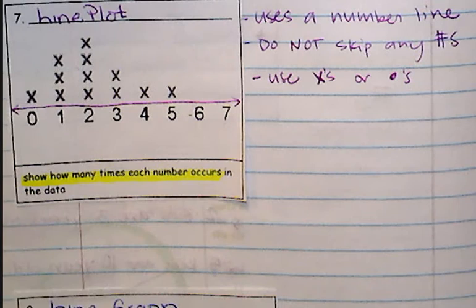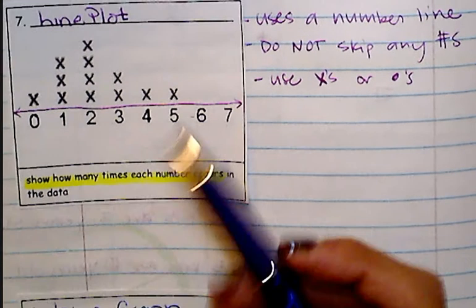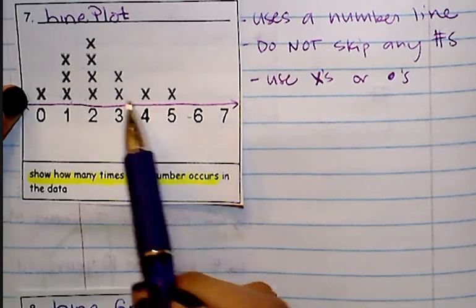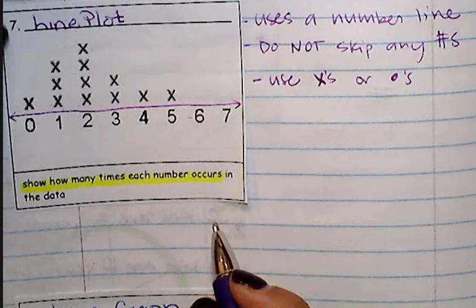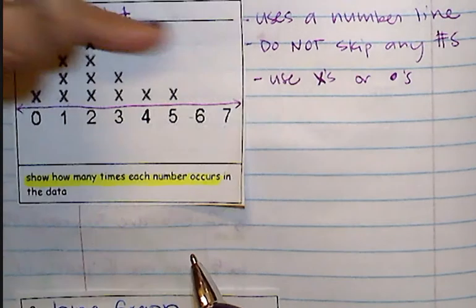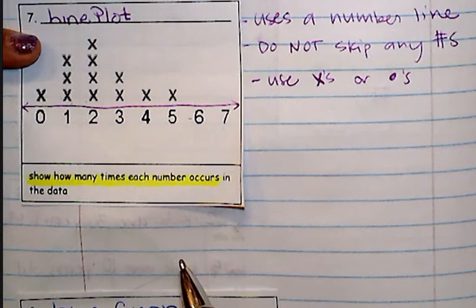But the important thing with a line plot is that sometimes it can get really messy. So make sure whenever you're drawing your X's, you see how nice and neat they're stacked up here to where they match. You want them to do that because if some are skinny and some are tall, then they might look like they're the same height. And you're going to be like, oh yeah, they have the same frequency, but then they really don't.